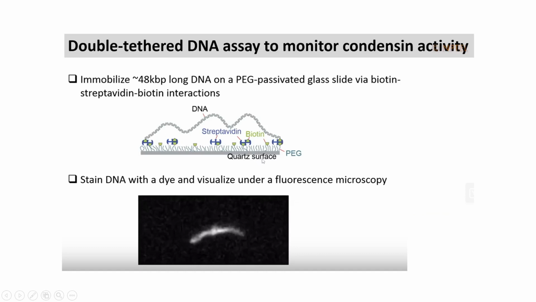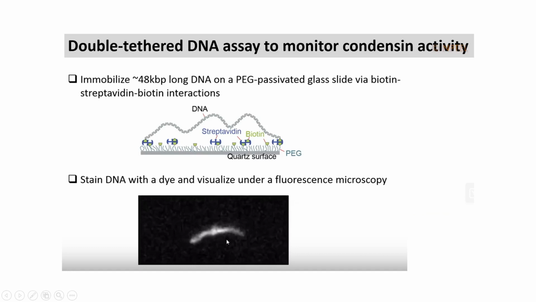When you stain the DNA with a dye, you can see the visualization of the DNA under fluorescence microscopy. Here you can see the bright spots observed. This is actually the DNA attached onto the pegylated slide.